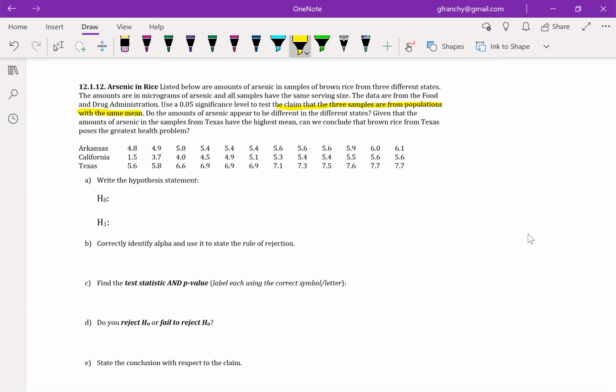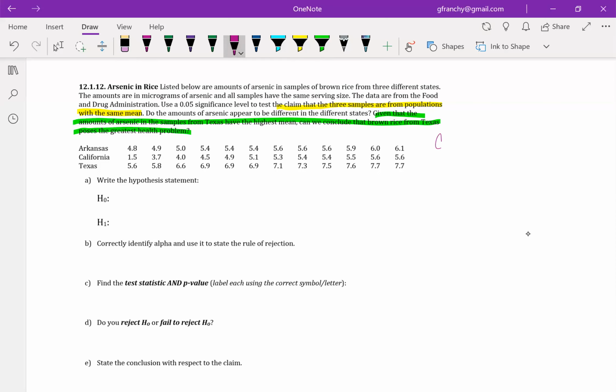Given that the amounts of arsenic in the samples from Texas have the highest sample mean, so from our sample data, the Texas data has the highest mean, can we conclude that the brown rice from Texas poses the greatest health problem? We'll address these problems after we go ahead and complete the test.